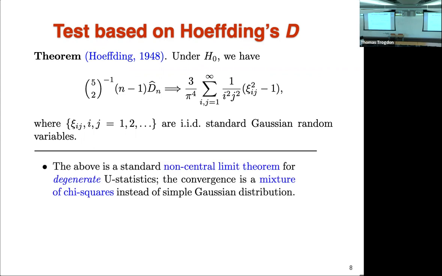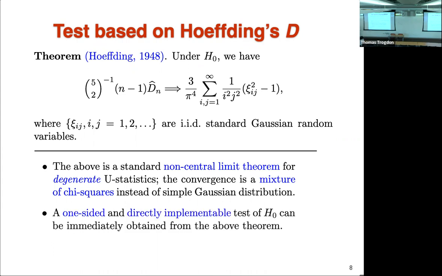By looking at it, we know it is not a standard central limit theorem because it is not weakly converging to a Gaussian distribution. It is actually converging to a weighted sum of chi-square distributions. Nowadays we know this is a standard weak convergence result for something we call degenerate U-statistics. Degenerate means it is not converging to normal, and it means this is not converging at root-n rate; it is actually converging at rate n.